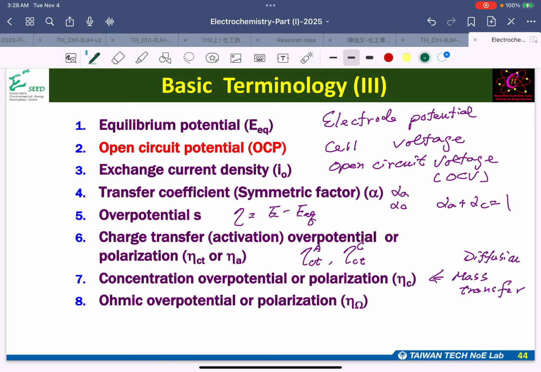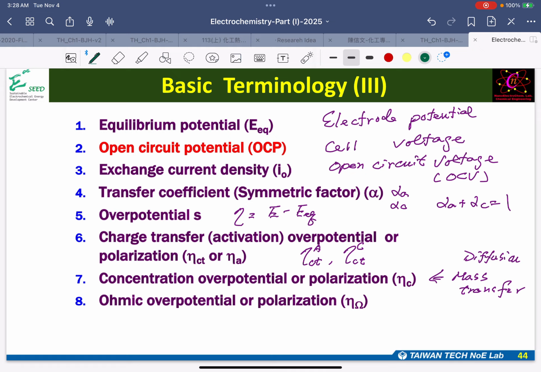Equipotential requires not only that net current is zero, but also that it should be at the equilibrium condition, and it changes current density. When you measure at the equilibrium condition, the oxidation and reduction current should be equal, but in a different direction. That is equal to the exchange current density.